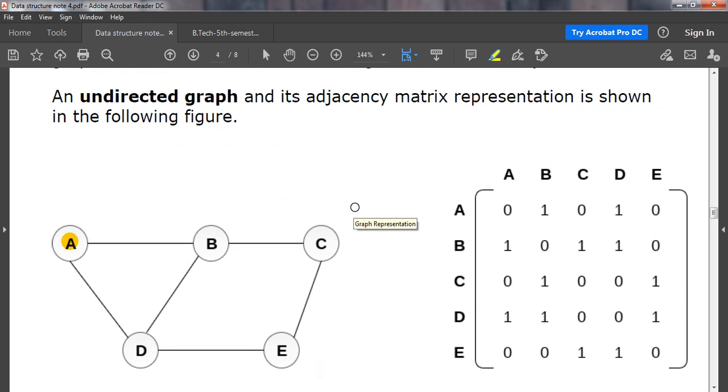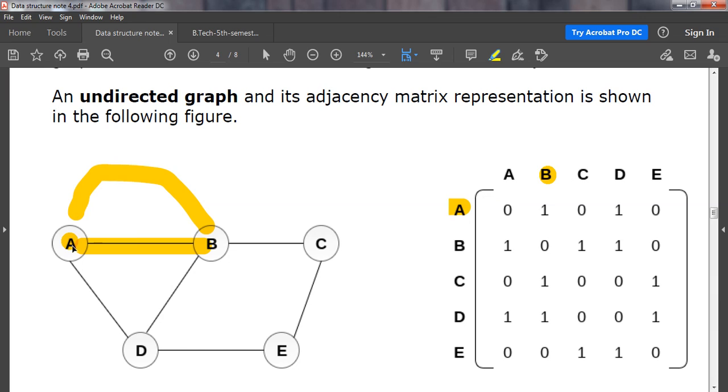Now in such a 5 by 5 matrix, we need to see what is the connection between them. See over here, A is connected to B, isn't it? Now this is not a directed graph, hence B is also connected to A, isn't it? As you can see over here, A is mentioned here, B is mentioned here.